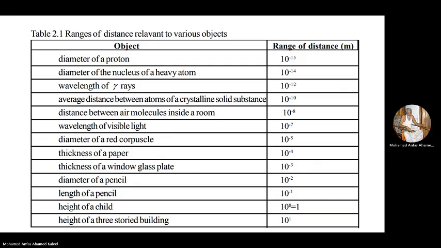A crystalline solid is a solid material whose atoms, ions, and molecules are arranged in a highly ordered and repeating pattern, let's say a hexagonal pattern or any other repeating pattern, that extends in all three spatial dimensions.